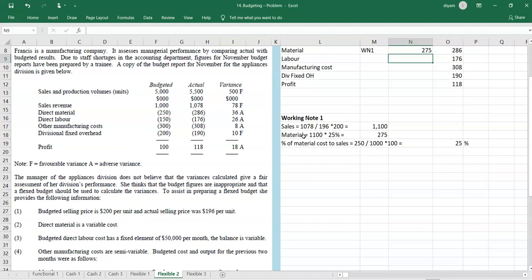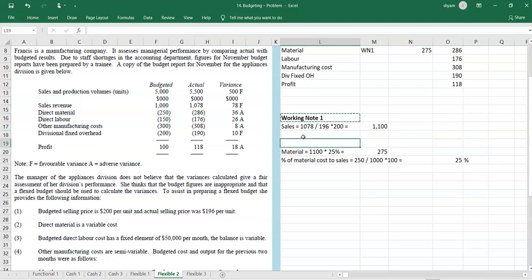So we'll work that out too. Total labor cost is going to be 150.